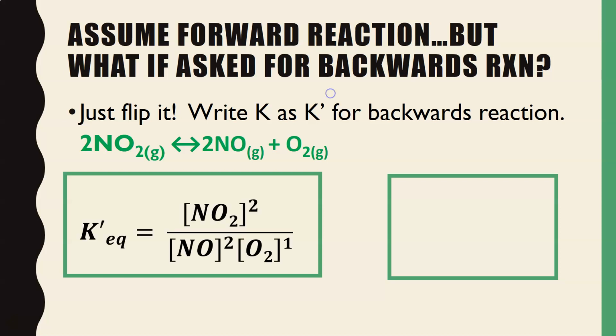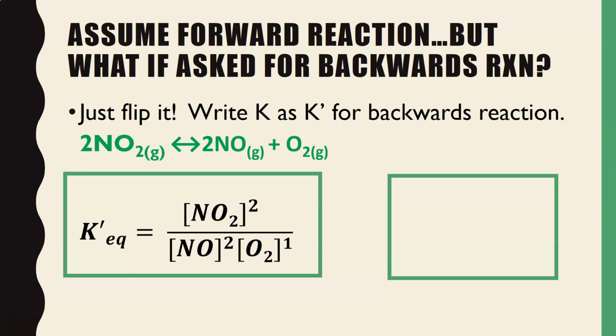All right, so this is what we end up with. Since we're going this direction, now this thing over here, on this side, is now our product, and these were now our reactants. So that's why you see them in the places you do. You should notice that the exponents don't change because my coefficients did not change.